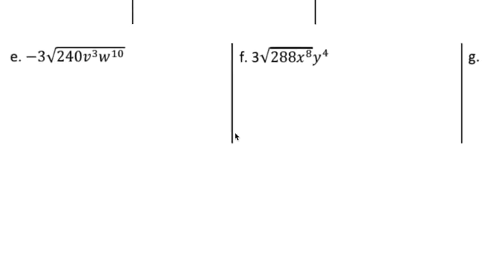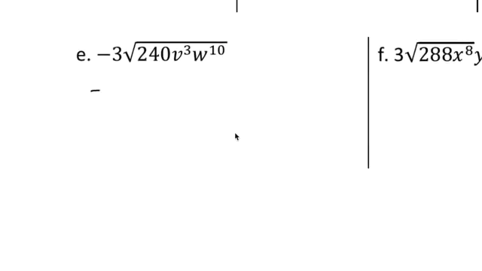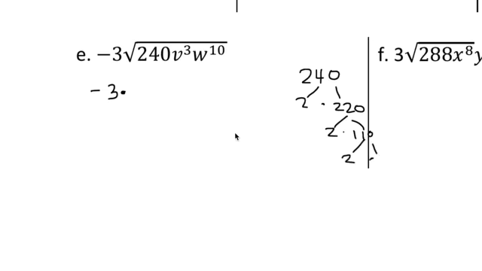Okay, factor this out. Negative 3 times whatever that answer is, 240. Let's go 2 and 220, 2, 110, 2, 5, 5, 5 and 11, nothing we can do.